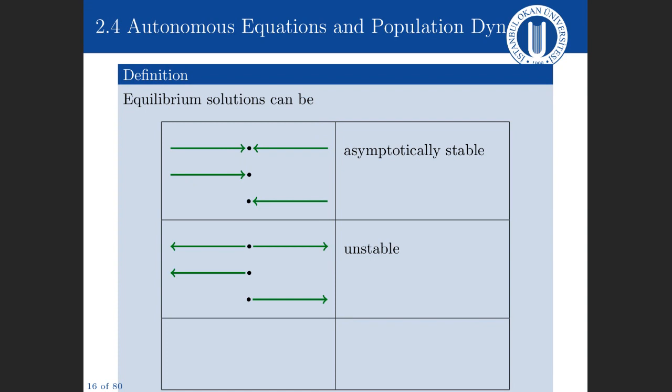If all of the arrows are moving away from the equilibrium solution, then it is unstable. And if we have two arrows, one of which is moving towards it and one is moving away, we say that the equilibrium solution is semi-stable.